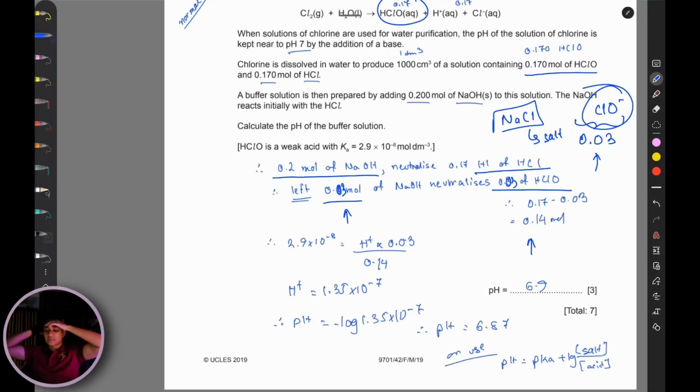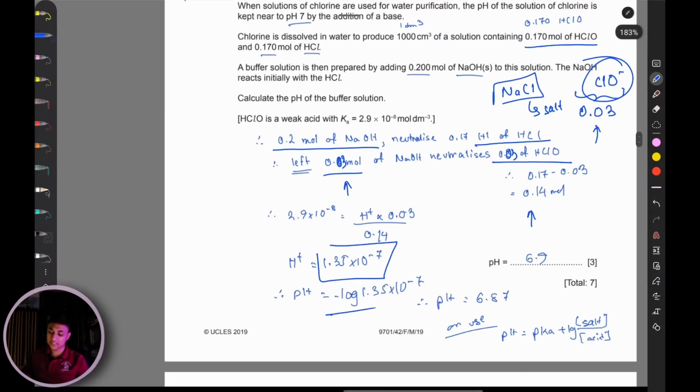Fair enough. So now you can directly find out your concentration of H plus ions. So calculate for H, and the concentration is going to be 1.35 into 10 to the power of minus 7. Great. Now when you calculate the pH, it's going to be minus log of this H plus concentration, and it's going to be 6.9.